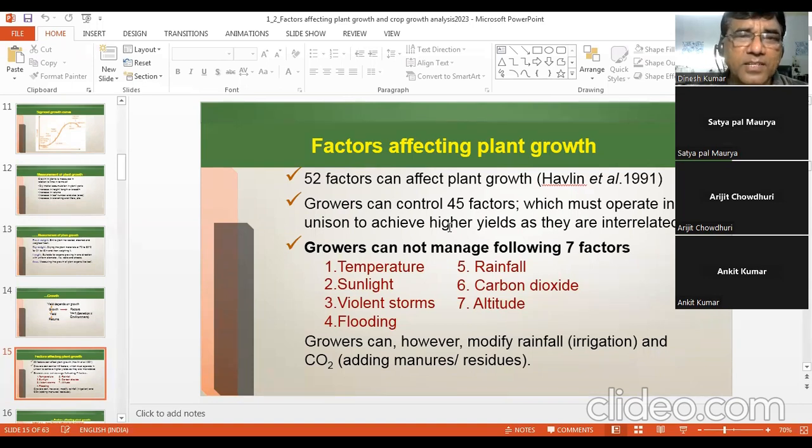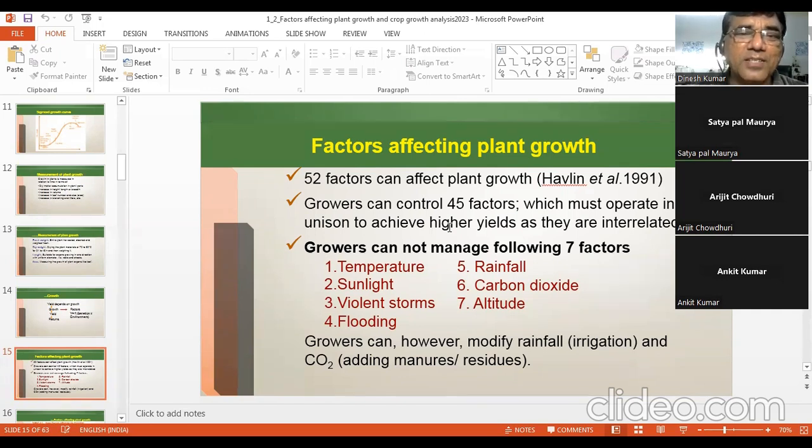And all these factors must work in unison, meaning in harmony. These factors should work in harmony. For example, you see 52 factors. Out of these 52 factors, 50 factors are at the optimum level, at the best level, but two factors are not at the best level. They are very, very limited, or they are in too much excess.